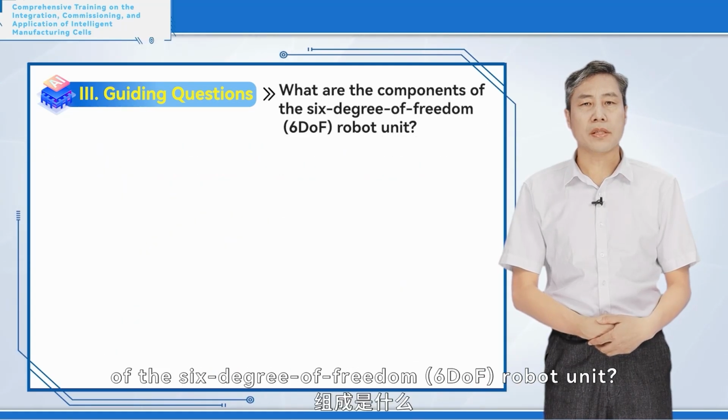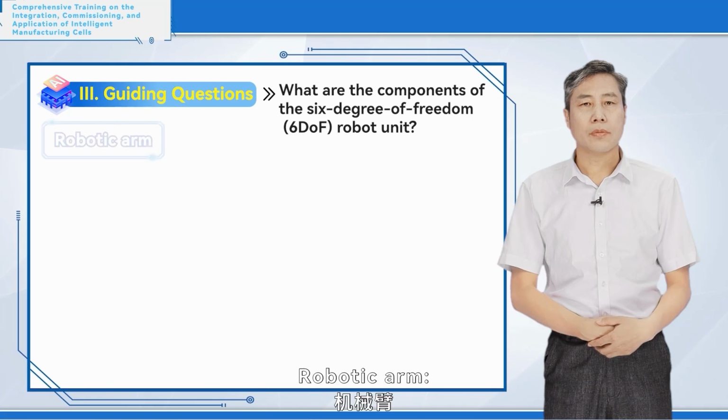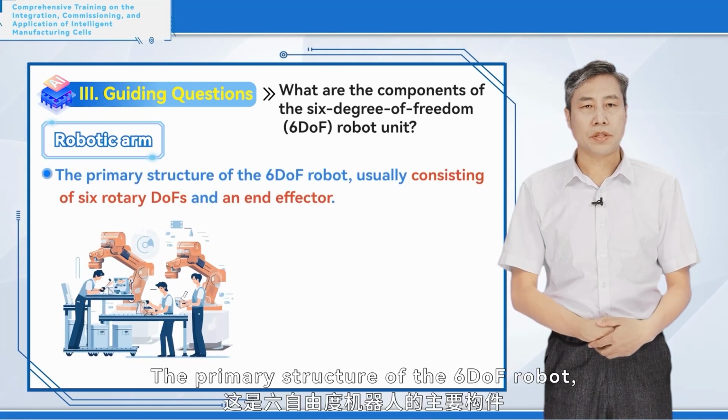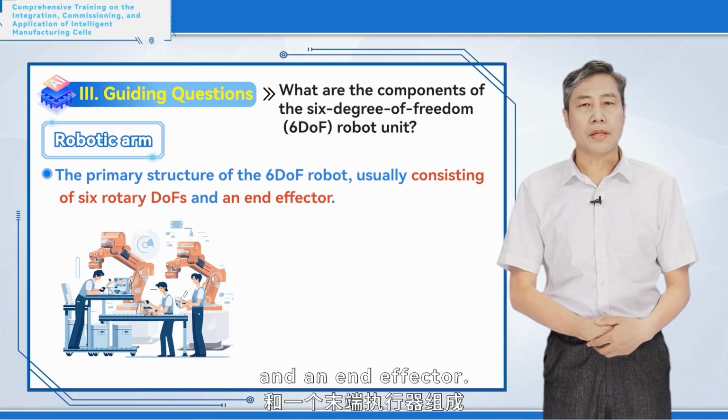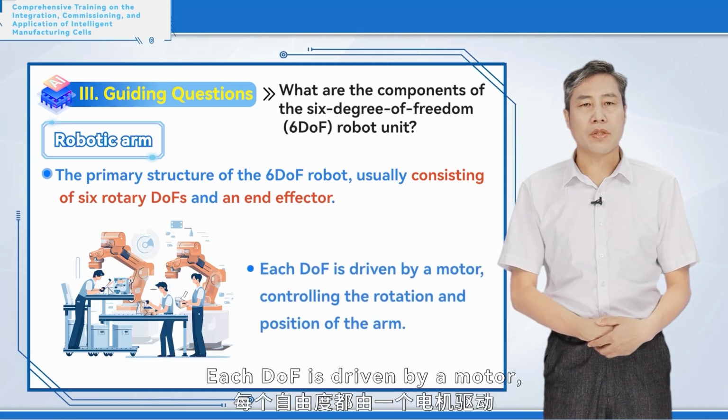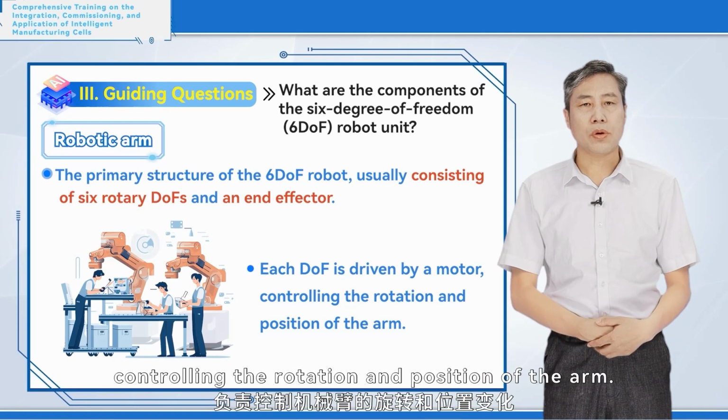What are the components of the 6 Degree of Freedom 6DOF robot unit? Robotic arm. The primary structure of the 6DOF robot, usually consisting of 6 rotary DOFs and an end effector. Each DOF is driven by a motor, controlling the rotation and position of the arm.